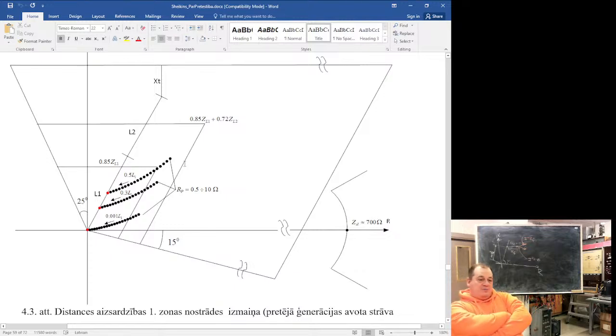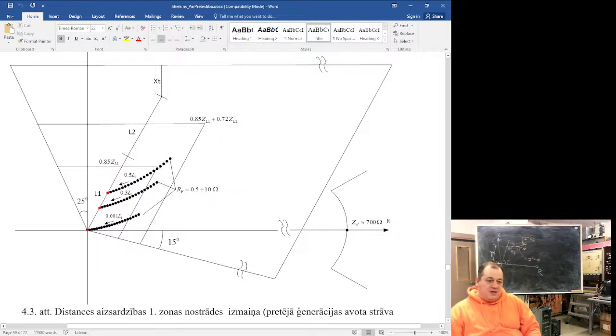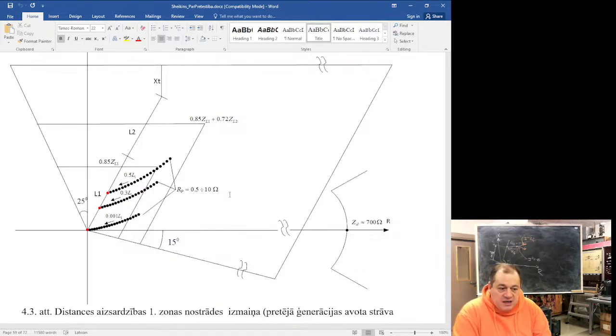The regime was when energy, power, was imported from the opposite side. Angle between systems assumed 60 degrees. And here are trajectories with this point of the burning tree.